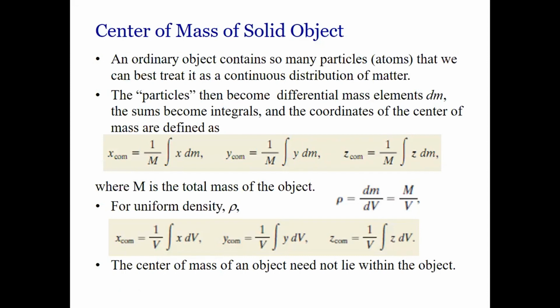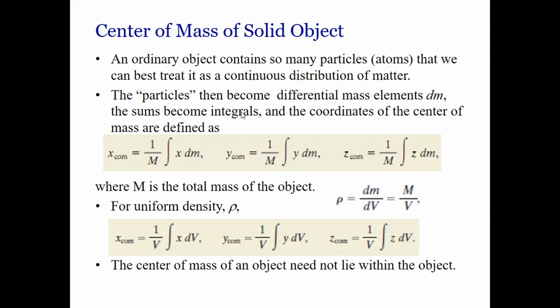For solid objects that contain many particles or many atoms, we can best treat them as a continuous distribution of mass. We can also assume that the particles are differential mass elements given by a small elemental mass dm.